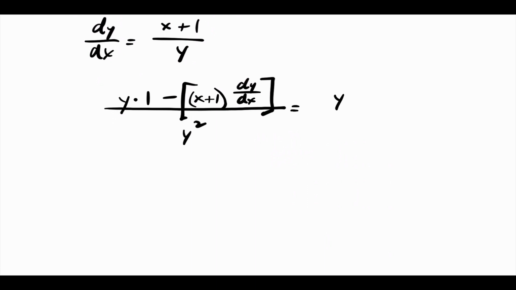So what I have is y, and then if I distribute the negative, I get negative x minus 1. Wait, I don't want to do that right now. Let me leave that alone first. dy dx over y squared.